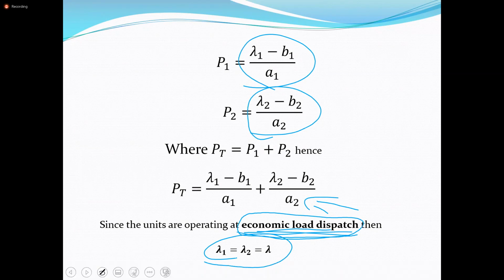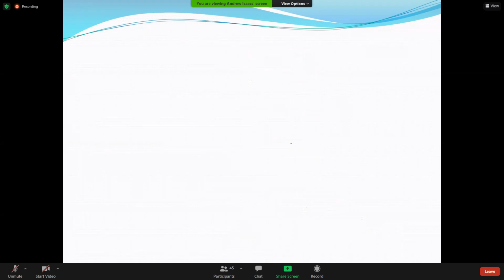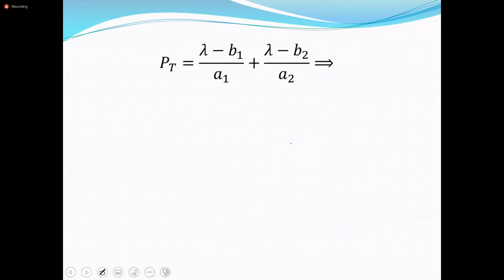So if I substitute lambda for lambda 1 and lambda 2, if I make that substitution, then I get PT is equal to lambda minus B1 over A1 plus lambda minus B2 over A2.